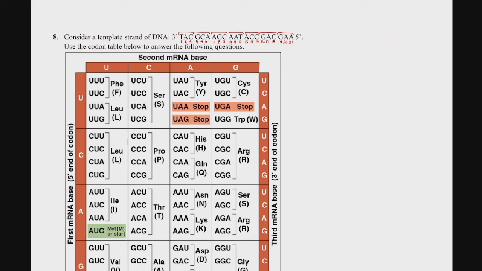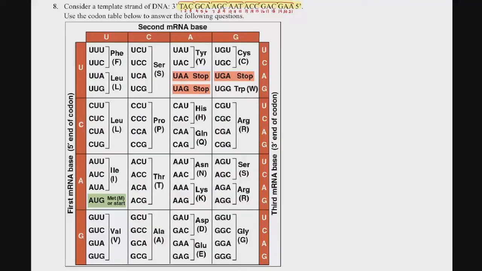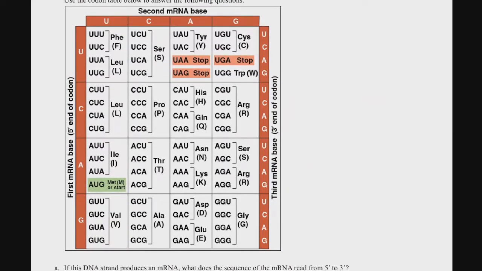So we're going to use this template strand to answer questions, and I'm going to copy it down below so that we can see it. So it says that this DNA strand produces mRNA. What does the sequence of the mRNA read from 5' to 3'?